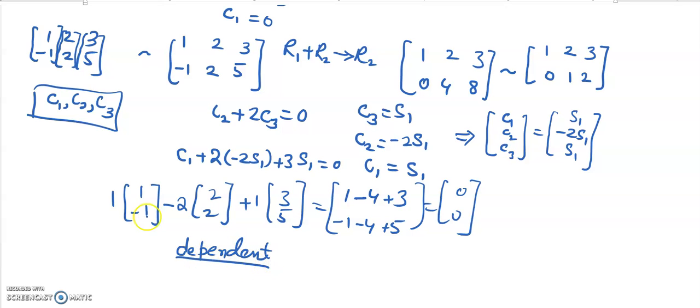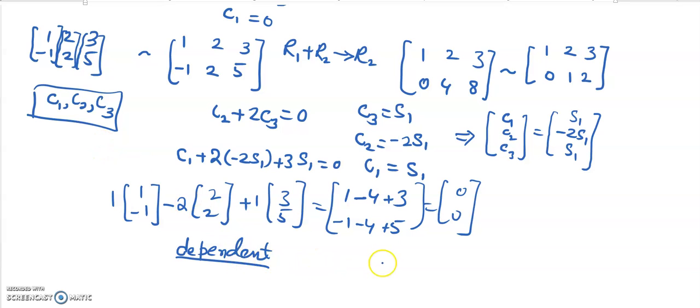Okay, so that means we can get one vector from the other vectors by multiplying the vectors by a scalar and then adding them together, such as in this case. So for example, what we can do is multiply this by 1, minus 1 by 1, and 2 minus 2 by minus 2.